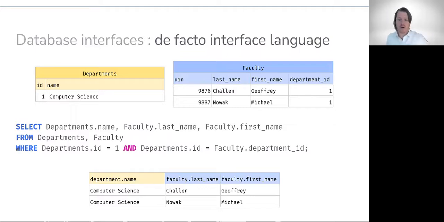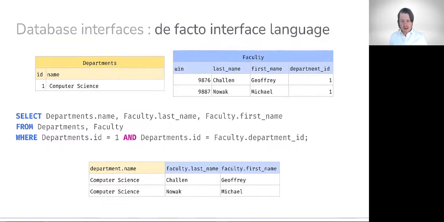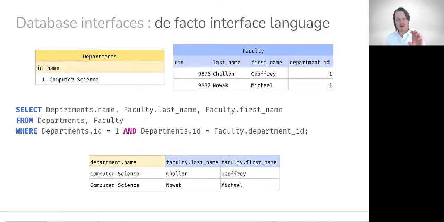That's actually going out, creating that Cartesian product, which we are then filtering based on the idea that we only want the records whose department ID is going to be 1. In this case, we get back the following. We get the department name from departments and the faculty who belong to that department's first and last name as shown below. So this would have 3 fields returned to us and 2 records.